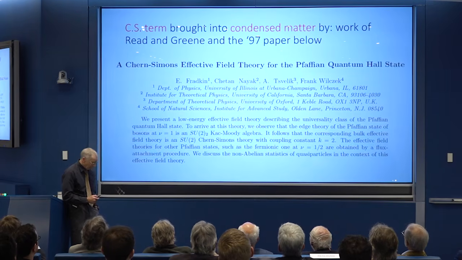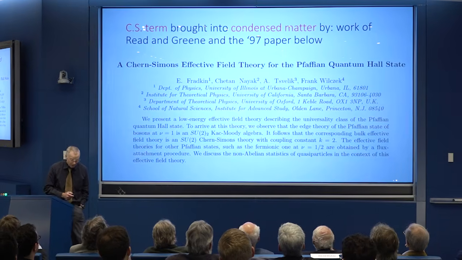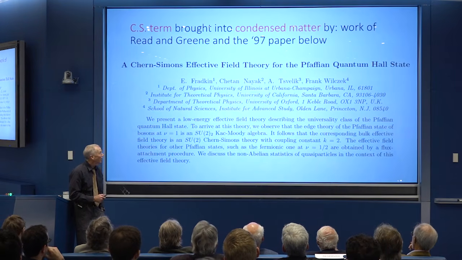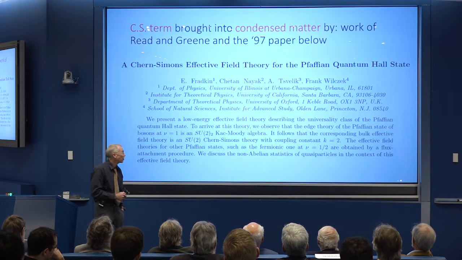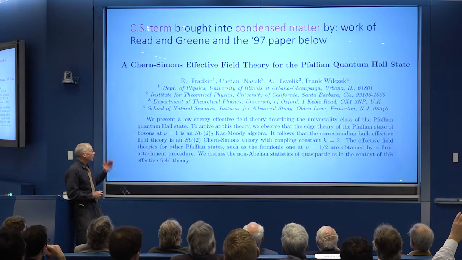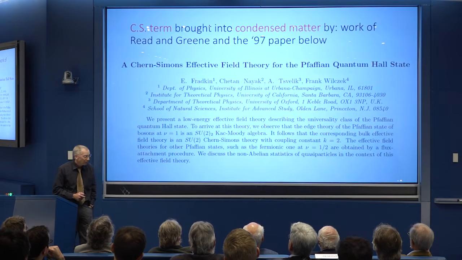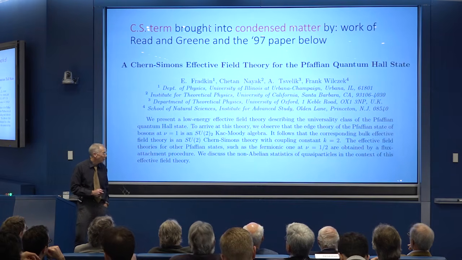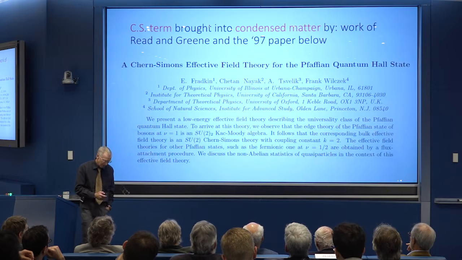And it made it over the next 8 or 10 years farther into condensed matter physics in terms of explaining the quantum Hall effect through work of Read and Green, and then very concretely this Fradkin, Nayak, Tsvelik, Wilczek paper, where a very particular quantum Hall state observed at filling fraction 5/2 had an explanation for its statistics proposed in terms of Chern-Simons theory.